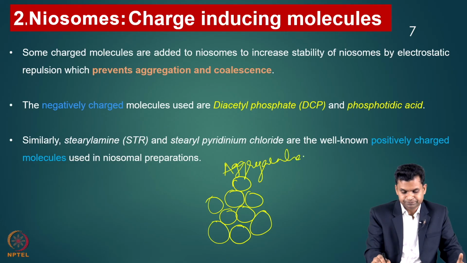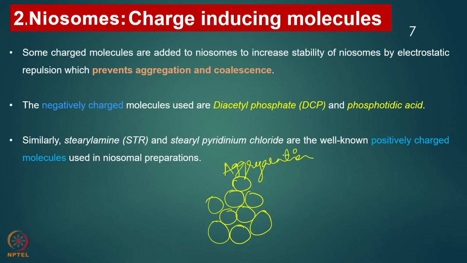So, to avoid this, in some cases we have to modify the surface by using various charge inducing molecules, either positive charge molecules or negative charge carrying molecules, which will reduce the aggregation.